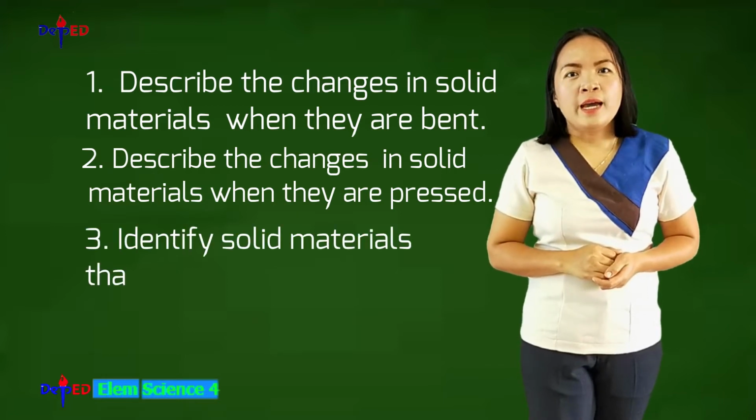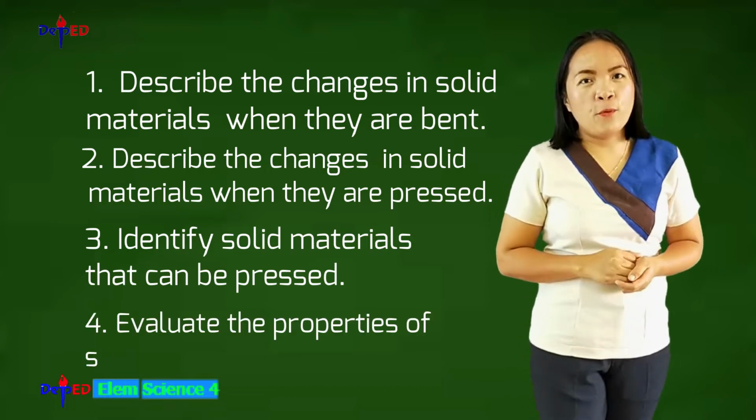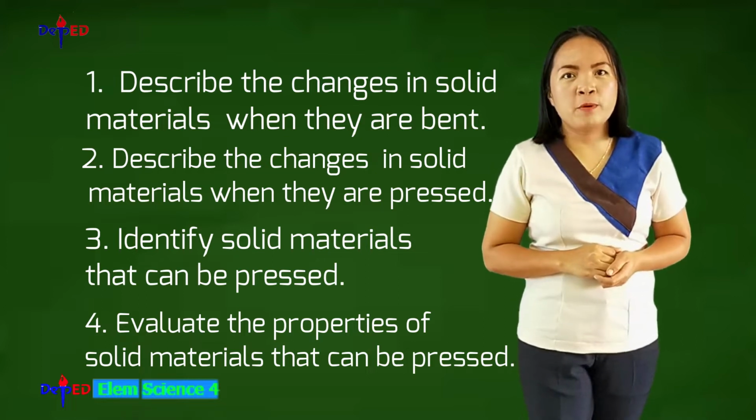Number 3, identify solid materials that can be pressed. And number 4, evaluate the properties of solid materials that can be pressed. These lessons will help you identify examples of solid materials and know the changes that solid materials undergo.